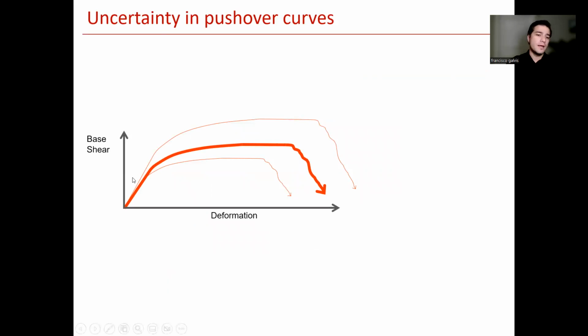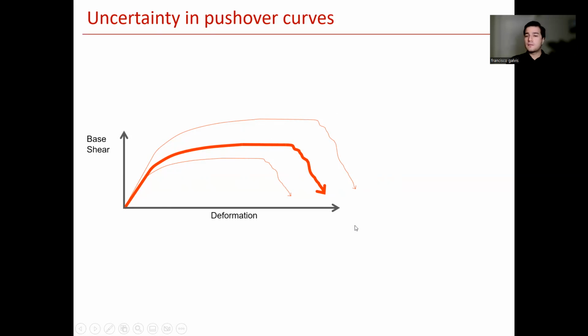So for example, here we're looking at the same conceptual pushover curve, but because of all of that uncertainty, of us not having enough information to calibrate all of those parameters that go into nonlinear models, the pushover curve that, using nominal values, could be this thick red one, could also be this lower one or this higher one.